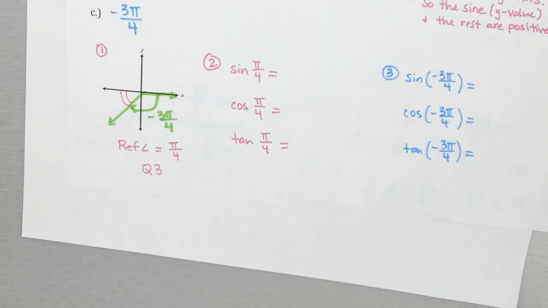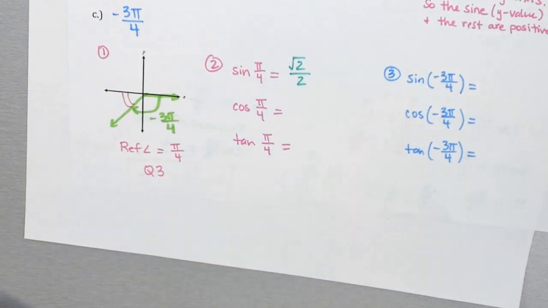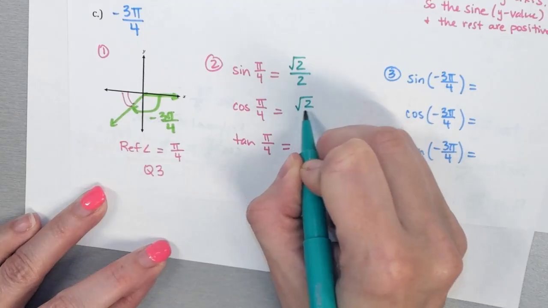Okay, so at pi over 4, what is your y value? √2/2. Eventually, you guys are not going to have to look at your first quadrant, but wherever you're using the first quadrant. Okay, so the y value is √2/2. The x value is √2/2.